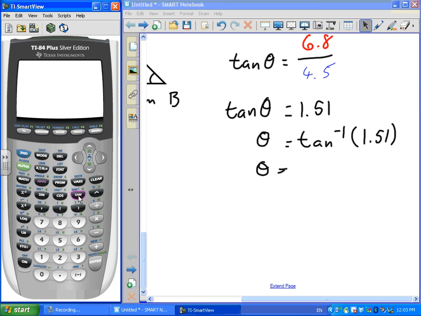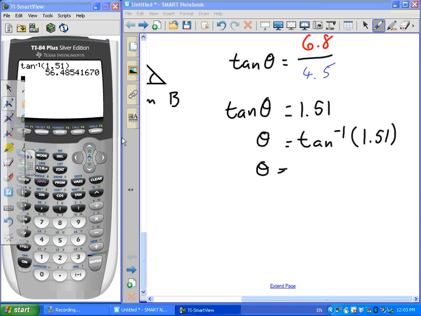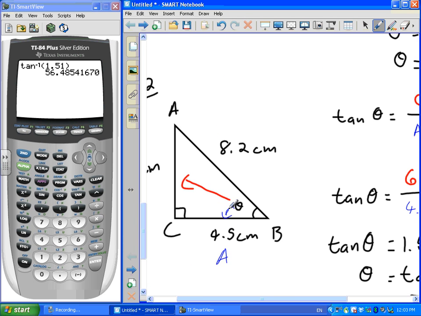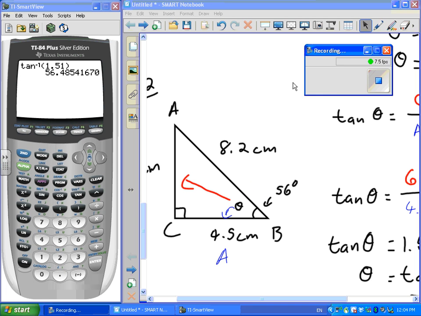Second function tan, 1.51, 56.48 degrees, okay? 56 is good. 56.48 degrees. So what they're saying is that this angle here is, we're just going to say, 56 degrees.